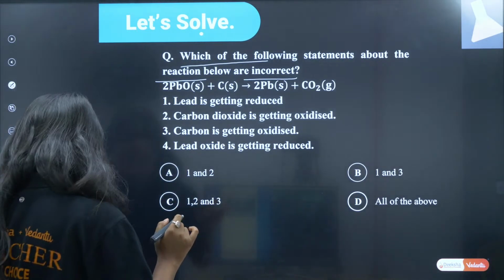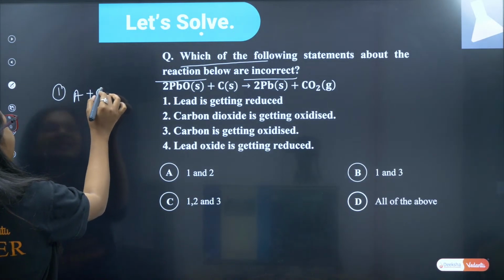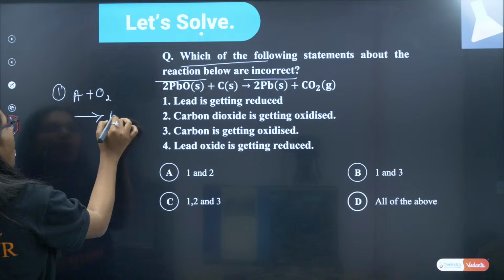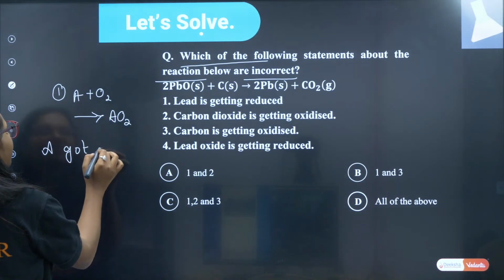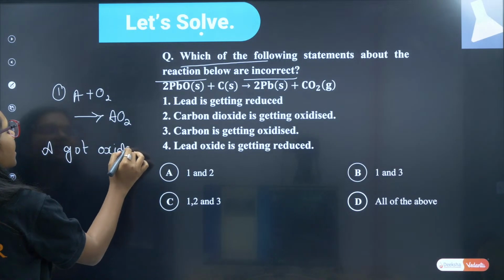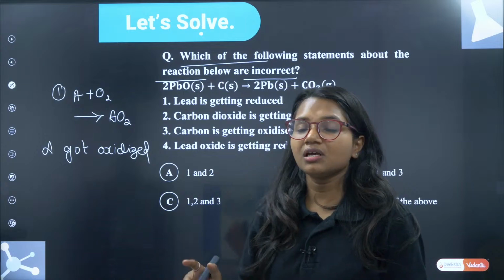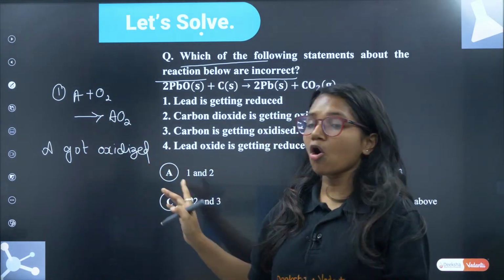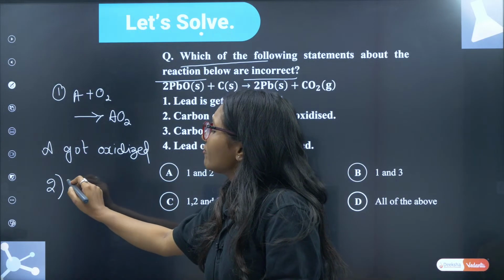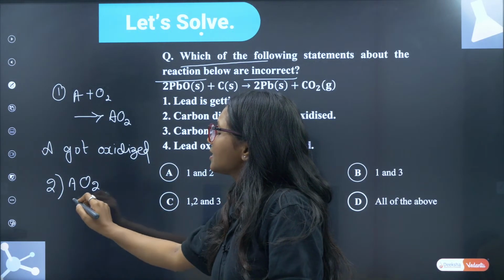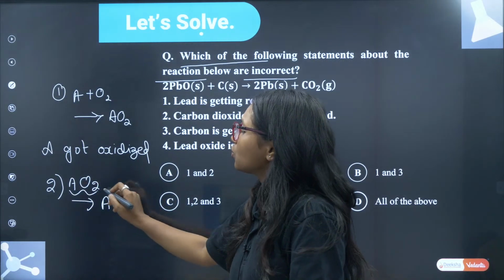Okay, fine. So see here. If I add oxygen in this compound, what do I write? That A got oxidized. Correct? Yes. Addition of oxygen is oxidation. It means that A got oxidized. Is this clear? Now, if I remove oxygen from this, I have removed oxygen from AO2.